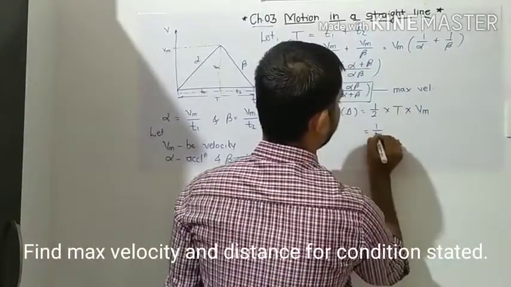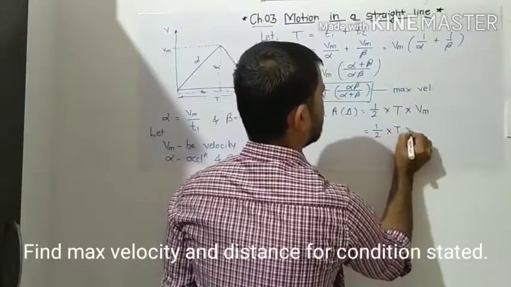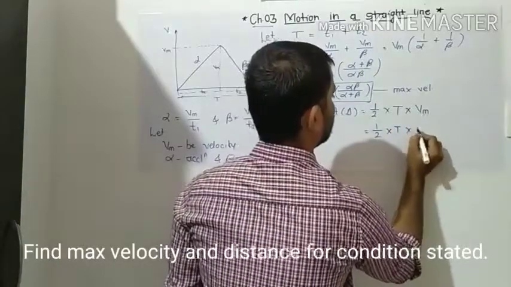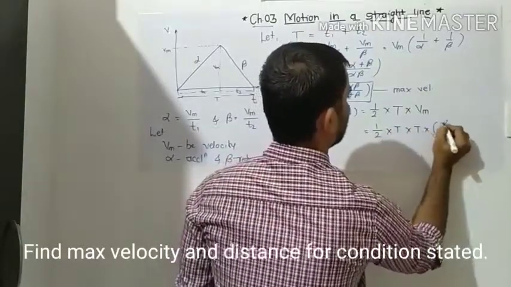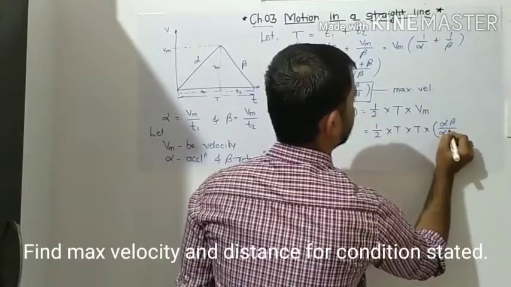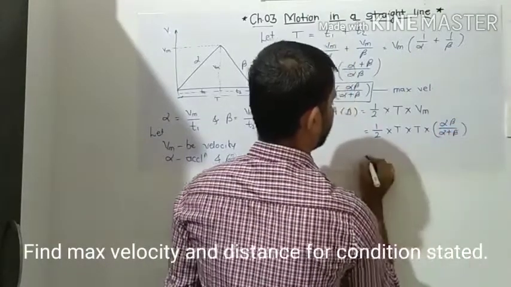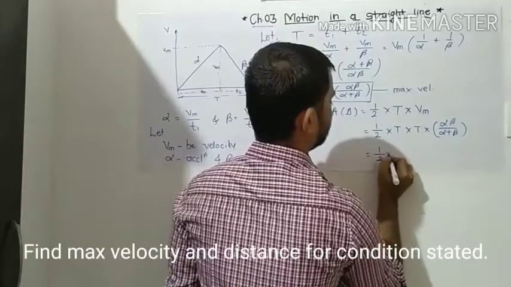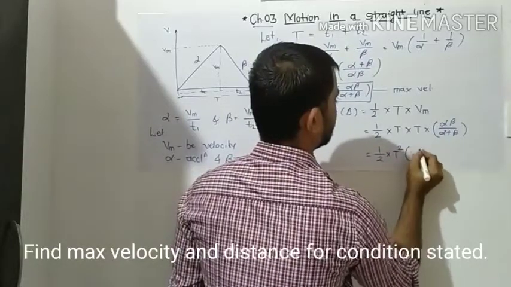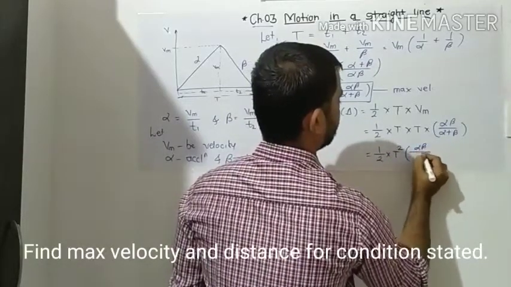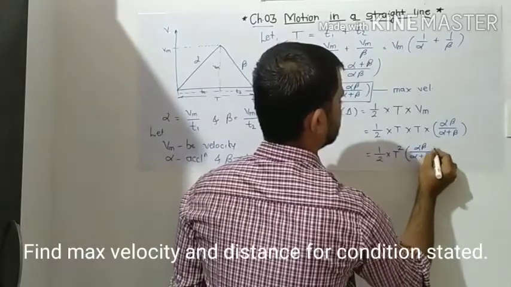So we have 1/2 into T into Vm, where Vm is T into alpha beta upon alpha plus beta. We can write 1/2 into T square alpha beta upon alpha plus beta.